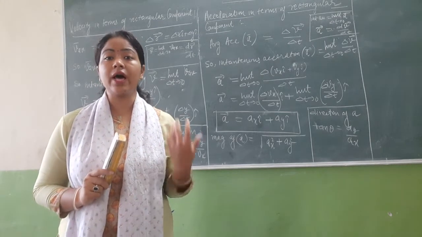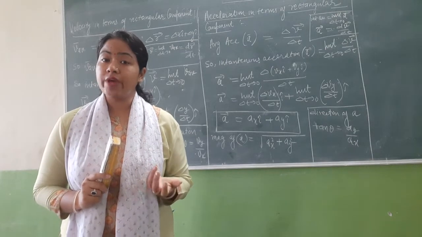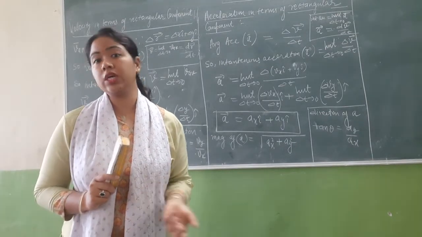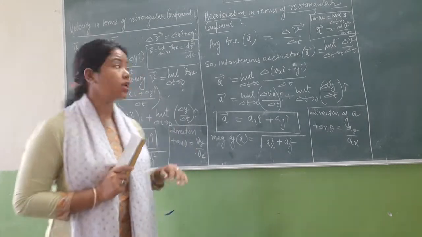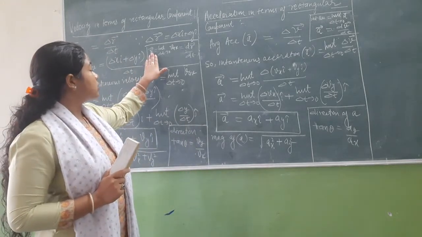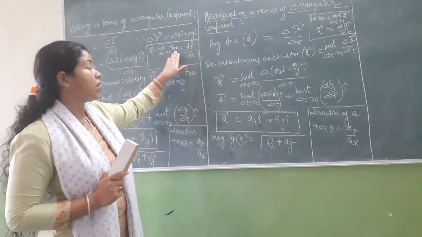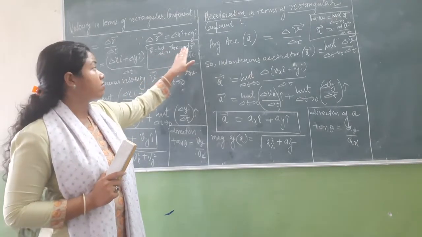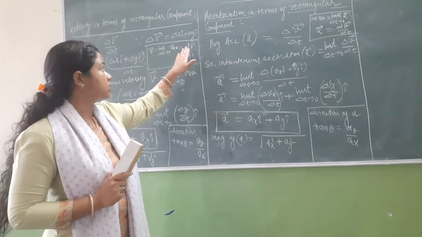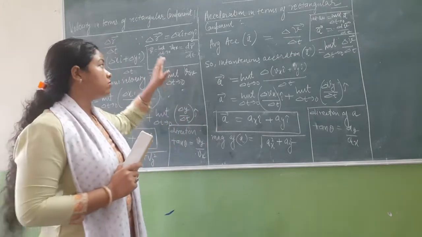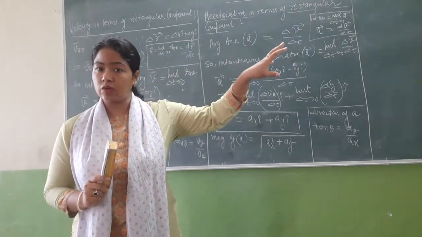That's why we apply the limit of time whenever we convert the average value of velocity into the instantaneous value. So the instantaneous value of velocity, after applying the limit delta t tends to 0 on the average value of velocity, converts into the derivative form, that is dr over dt, and we have done some numericals based on that.